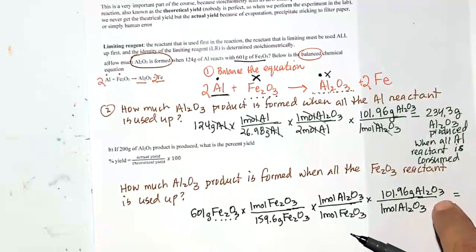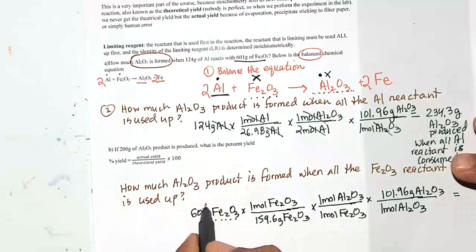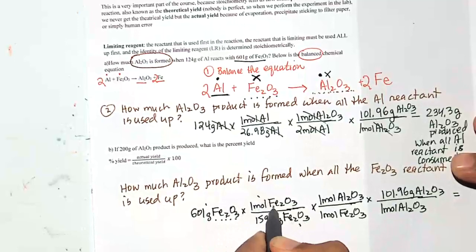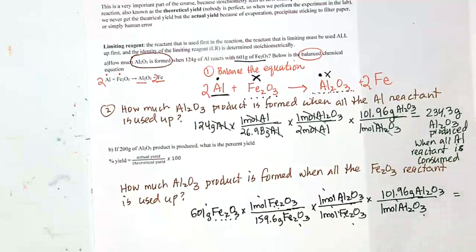Remember, oxygen is about 16 times 3, aluminum 27 or so times 2, add them up from our periodic table. And then the grams cancel, the moles cancel.